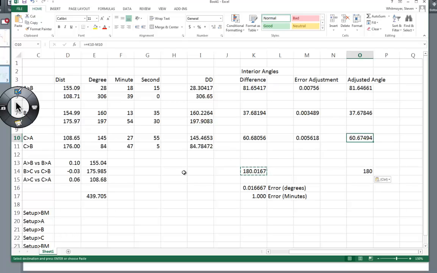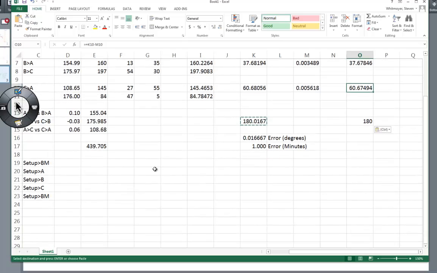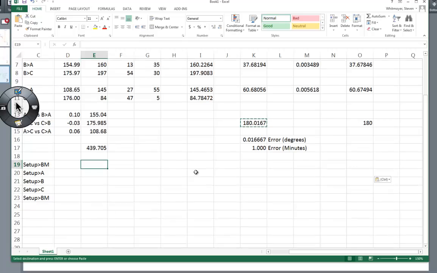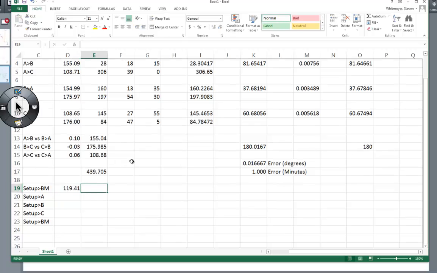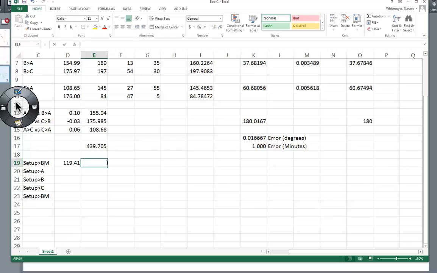Part B was our topo, right? And let's see how this compares to our topo. We have a setup of benchmark of a length of 119.41, and we have a degree of 228, 59, 30, and then I have 94.34, 249, 44, 08.